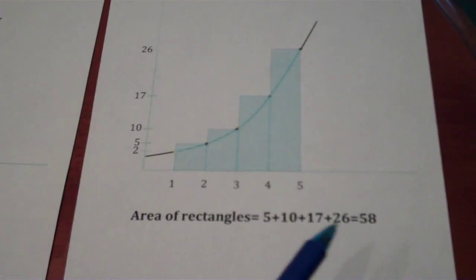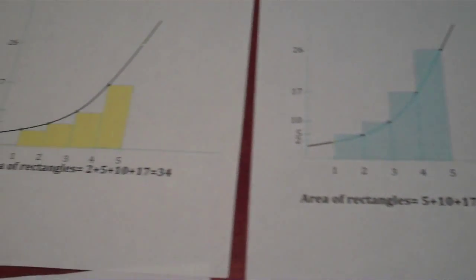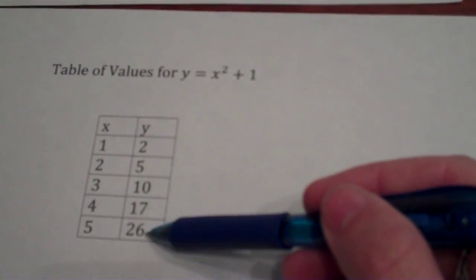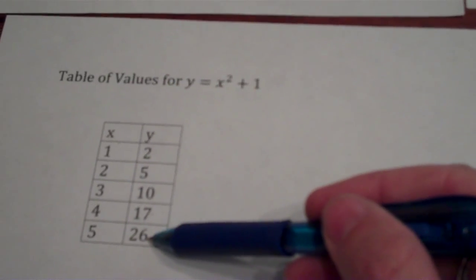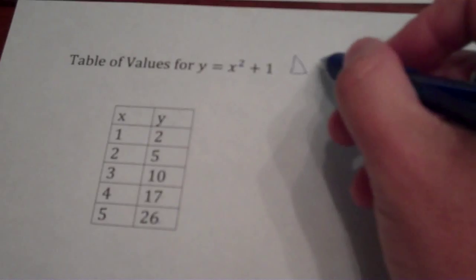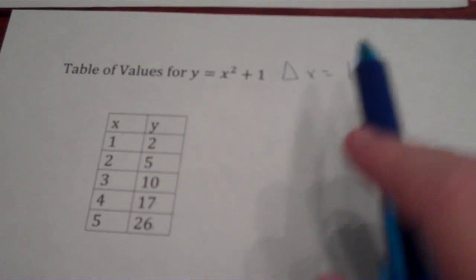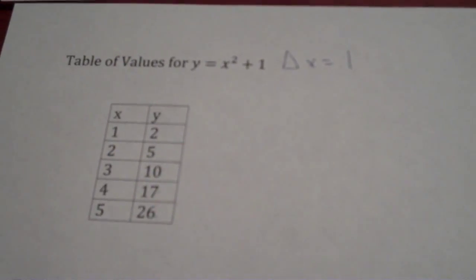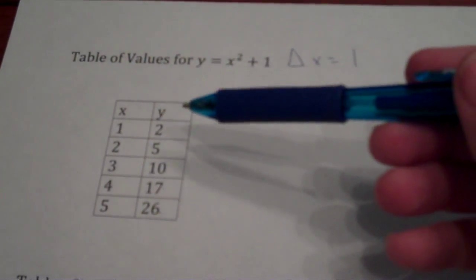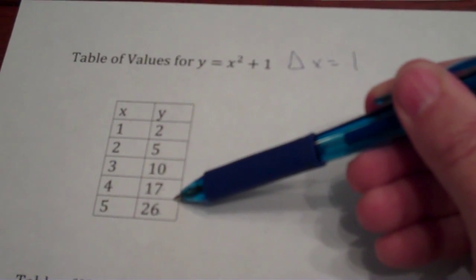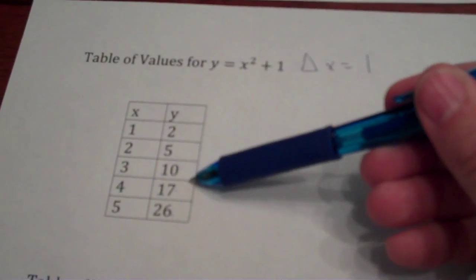And again, just to emphasize this one more time, look where those numbers 5, 10, 17, and 26 came from right off my chart. Since I was actually multiplying by a delta x of 1 in this case, multiplying those by the width of the rectangle of 1 left those values completely intact. But the part I want you to see again is the left values became the first 4, and the right values became the last 4.